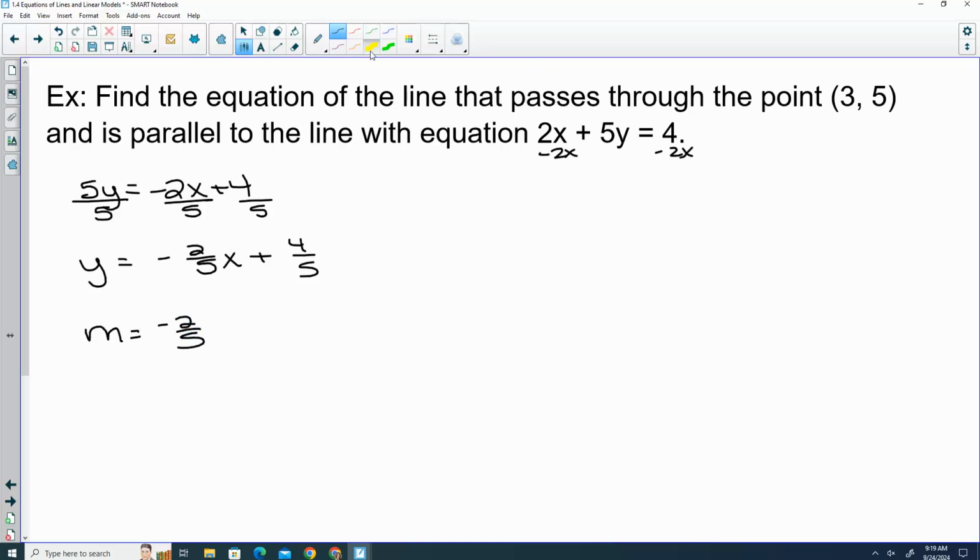And since we are parallel, that means I'm using this slope. And then we have our point (3, 5). So now we plug into our formula. y minus y1 equals our m, negative 2/5, times x minus x1.